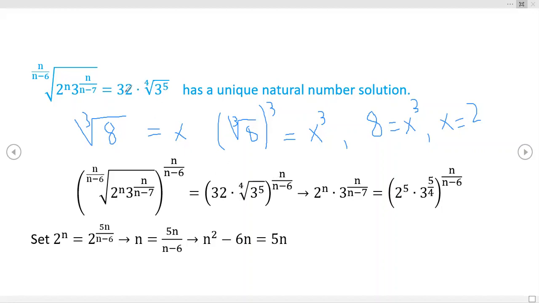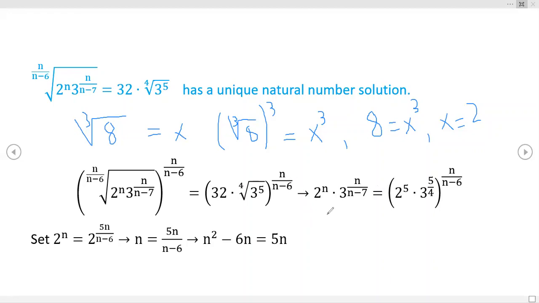If you take a look, this object right here gets raised to the fractional exponent n over n minus 6, the very same thing right here. And for the very same reasons, doing this makes the index disappear. That's the magic from here to here. All of this results in nothing being left but this radicand over here, and you have to do the very same thing to the right-hand side.